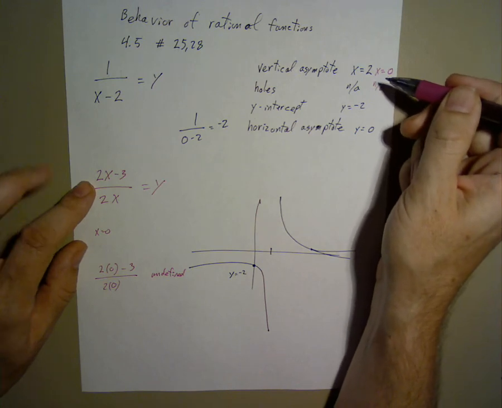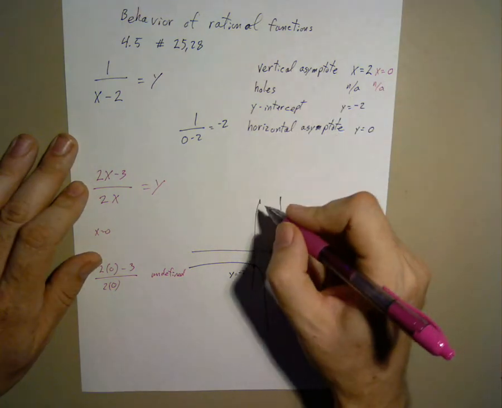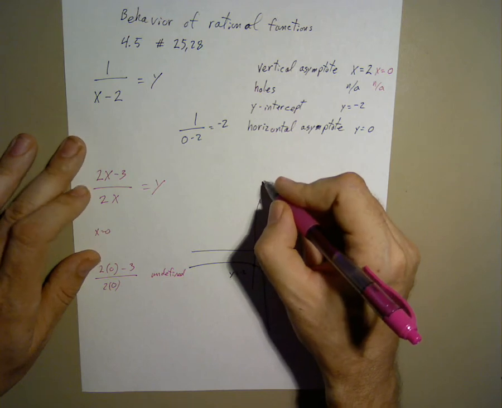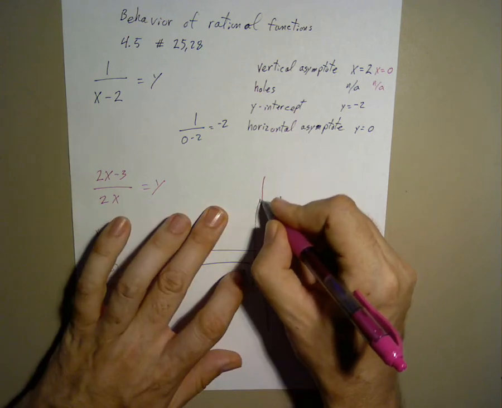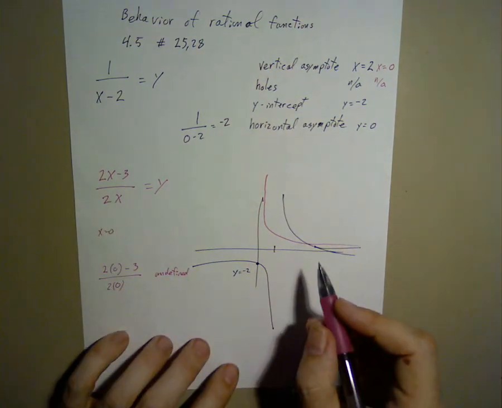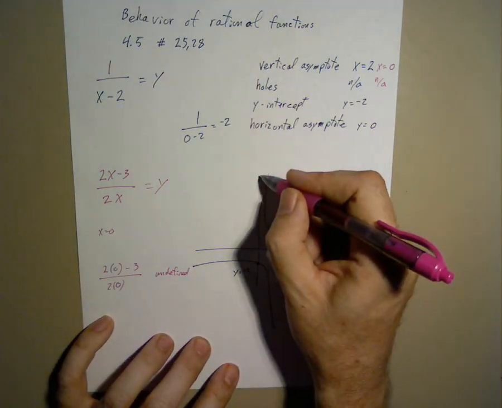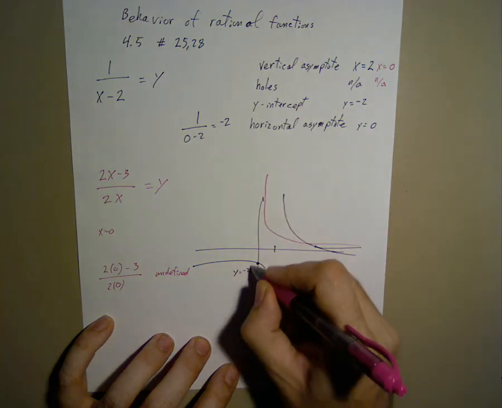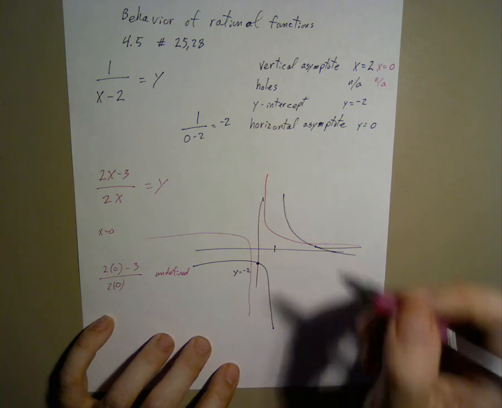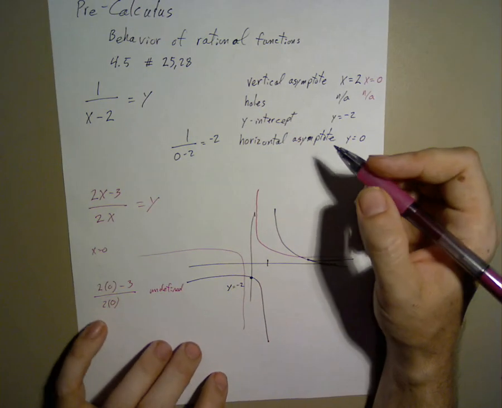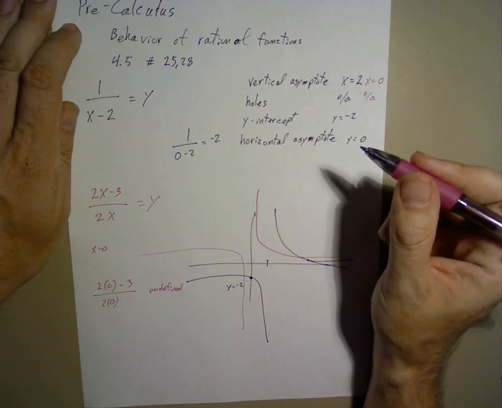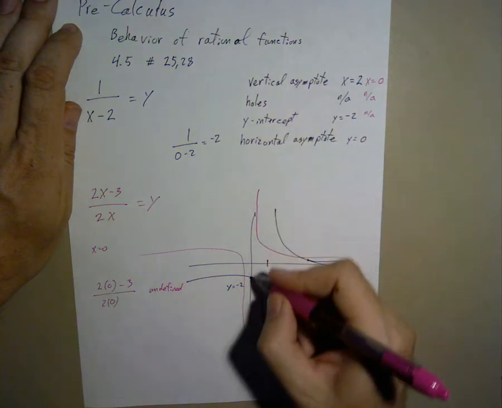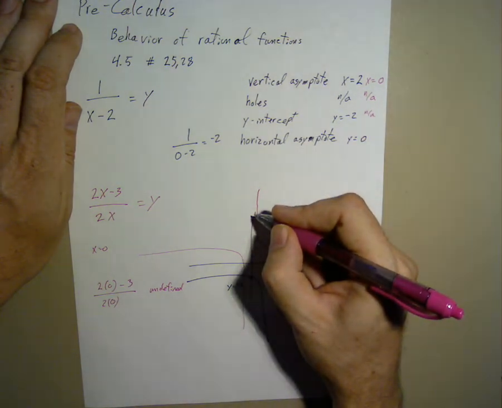This function will look something like this. So we have no y-intercept because it never actually touches this line because it is an asymptote there.